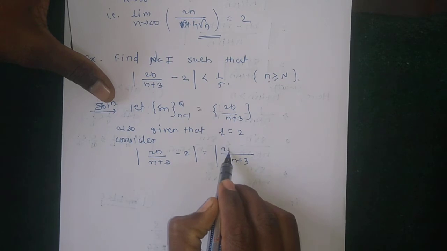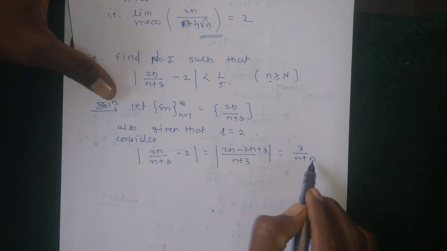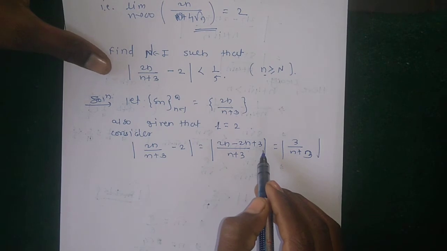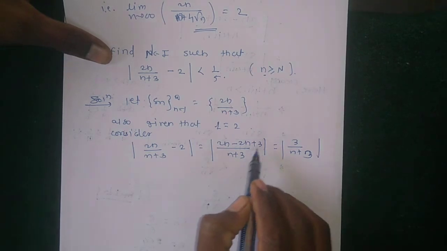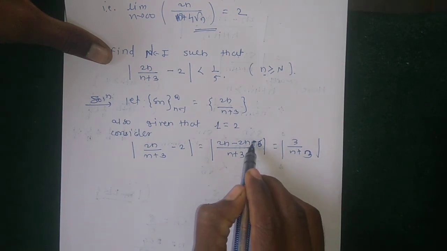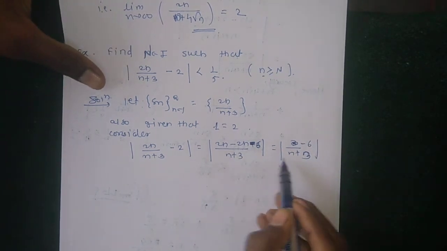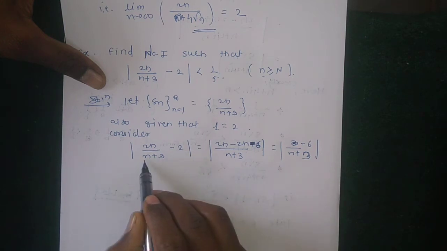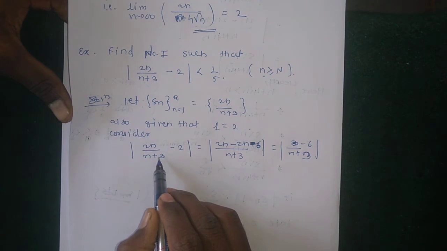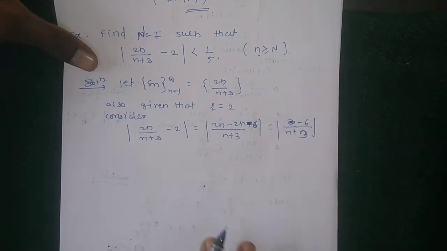Then 2n minus 2 times (n plus 3): 2n gets cancelled, remaining 3 minus 2 into 3, which is minus 6. So minus 6 divided by n plus 3.